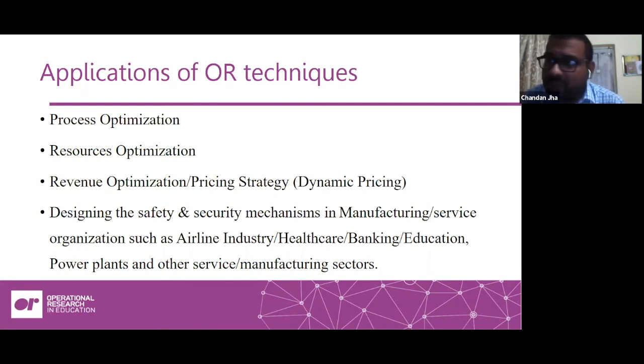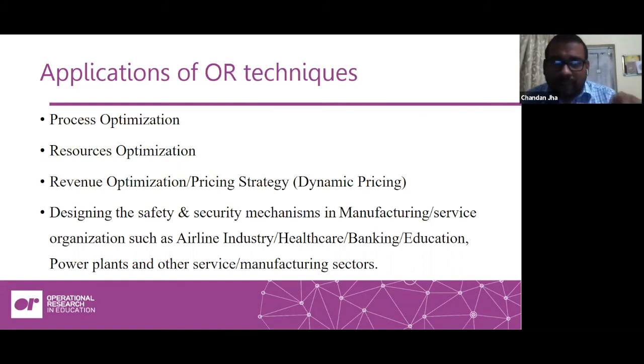Then resource optimization. We have limited resources, and with the help of those, how to achieve the maximum profit or maximize the overall revenue. That's the core objective of any business organization.